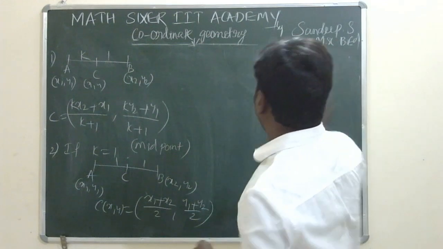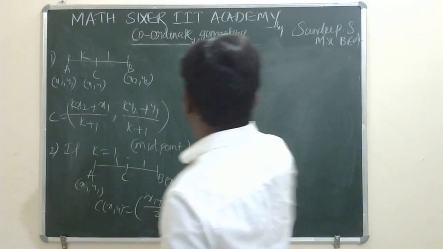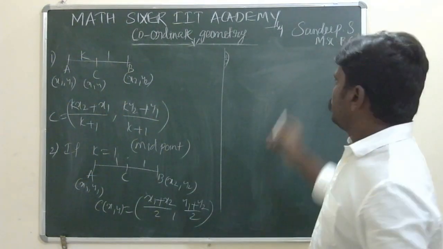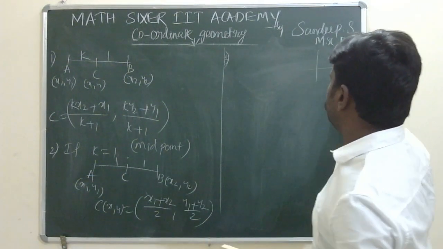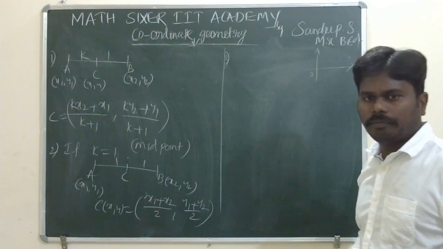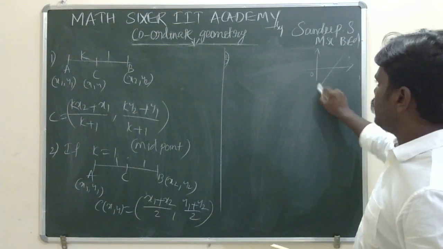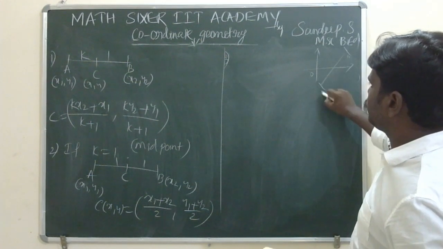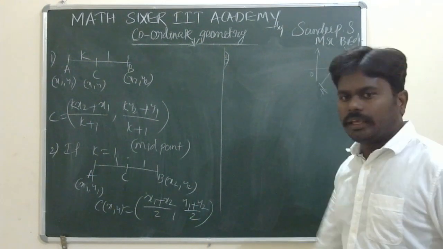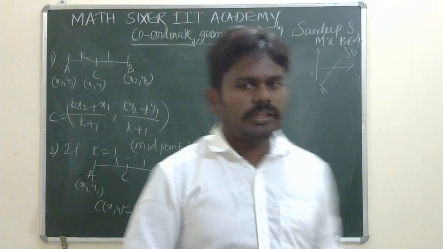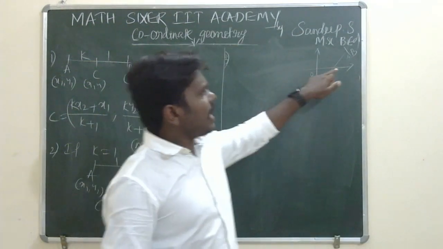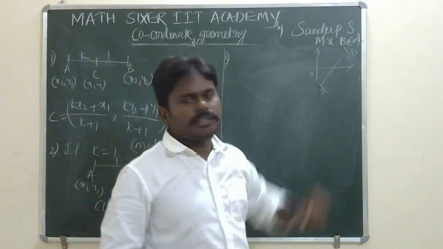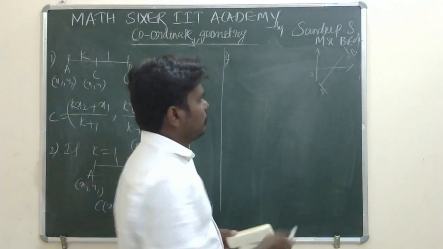Now it's a very important point. Suppose here we have the x-axis, and here is a line segment AB, and the x-axis divides the line segment AB in some ratio.